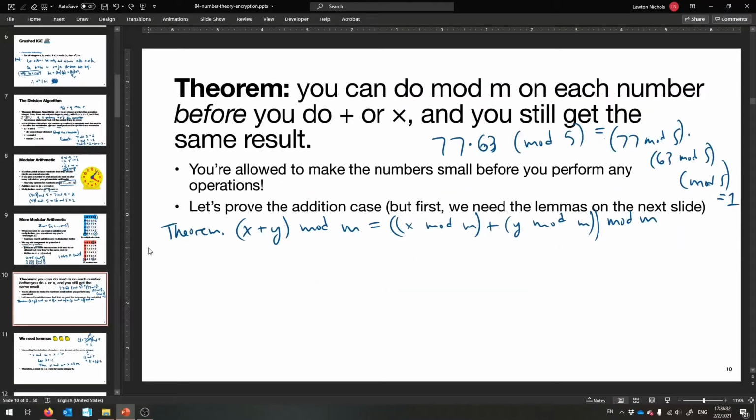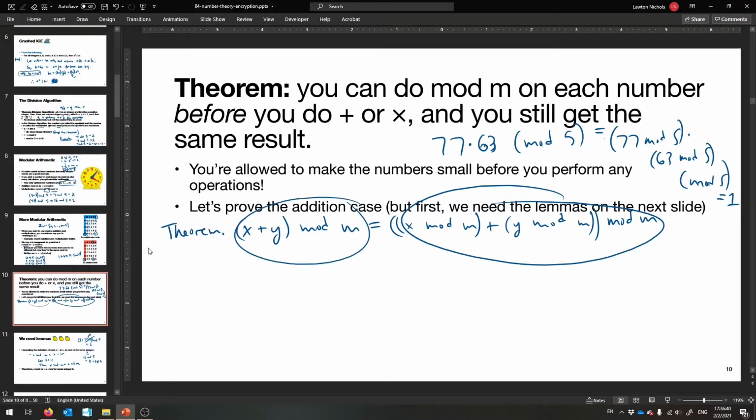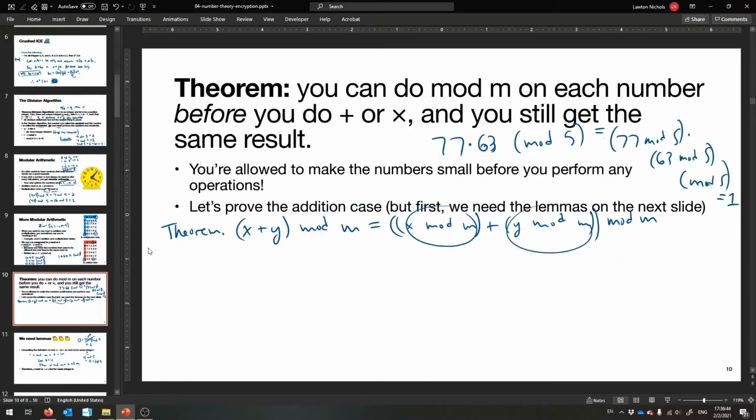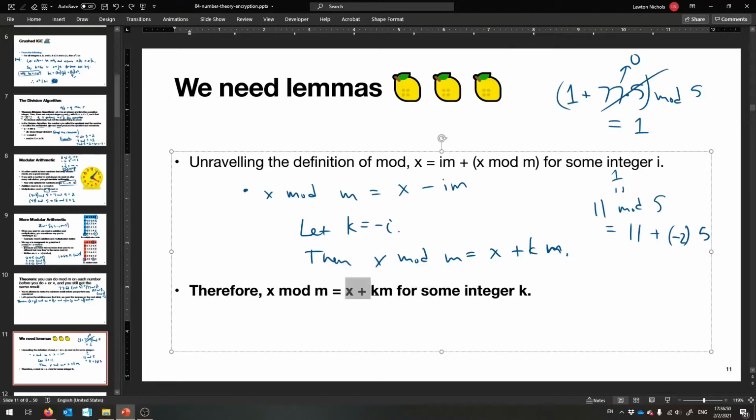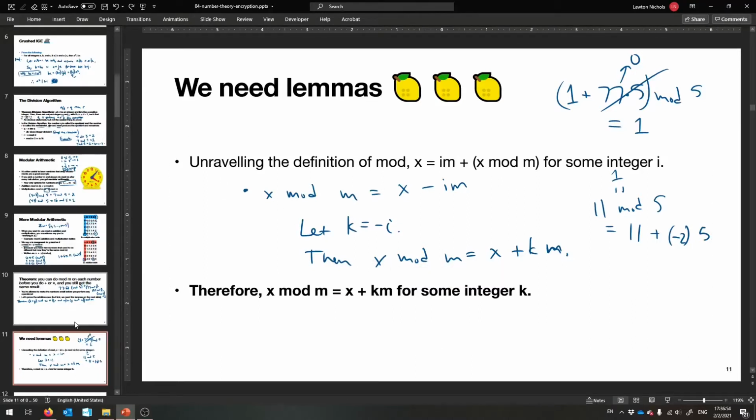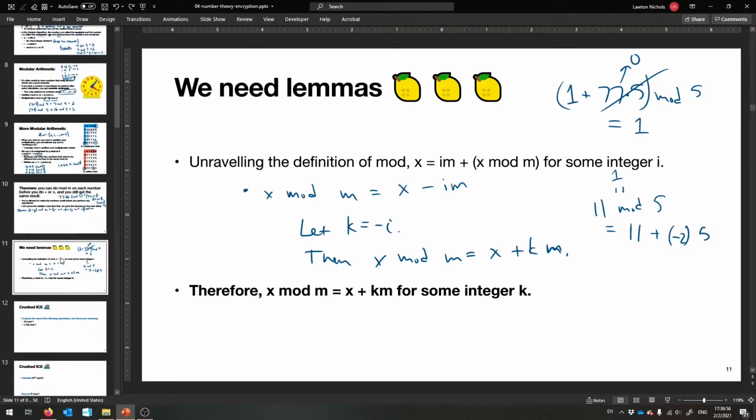Let's do it. So, if I remember correctly, it's easier to start with this side and then prove that it's equal to this. So let's do that. So we have x mod m and y mod m, and we can use this fact here. It's equal to the original x plus some integer k times m, most likely a negative integer.